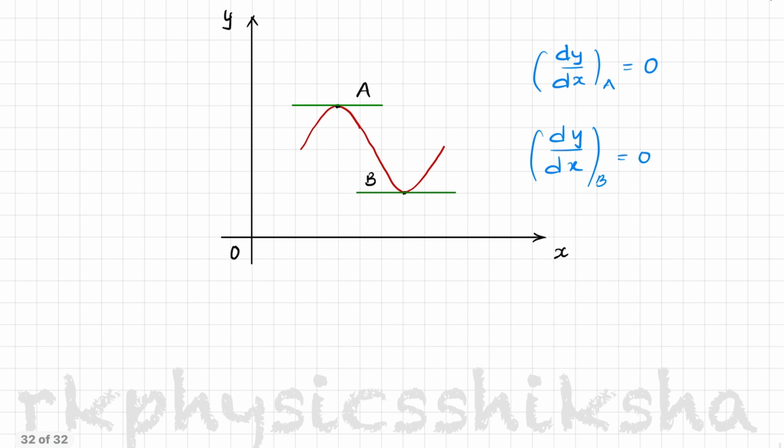But if you are provided with a function that is varying, at a minima you have slope 0, and at a maxima you also have slope 0. So how do we specify that the point A is the maxima and the point B is the minima? There is one rule here that we can use.